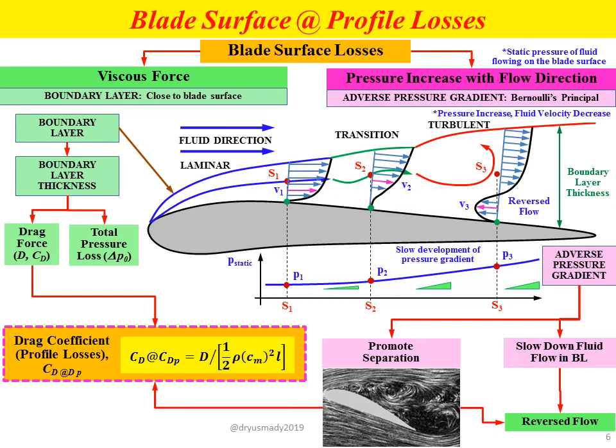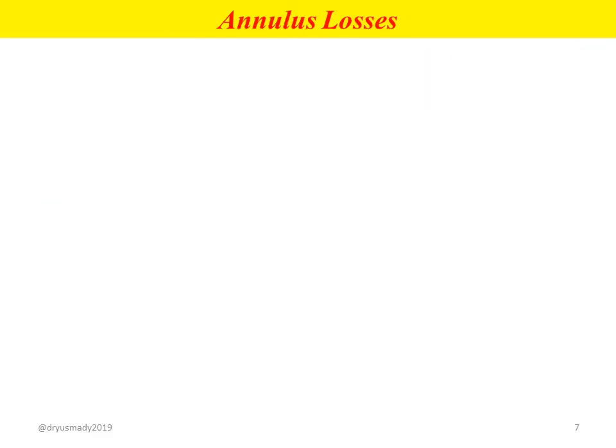CD or CDP equals drag force divided by half density times mean velocity squared times chord length. Okay, the second type of profile losses is the annulus losses.